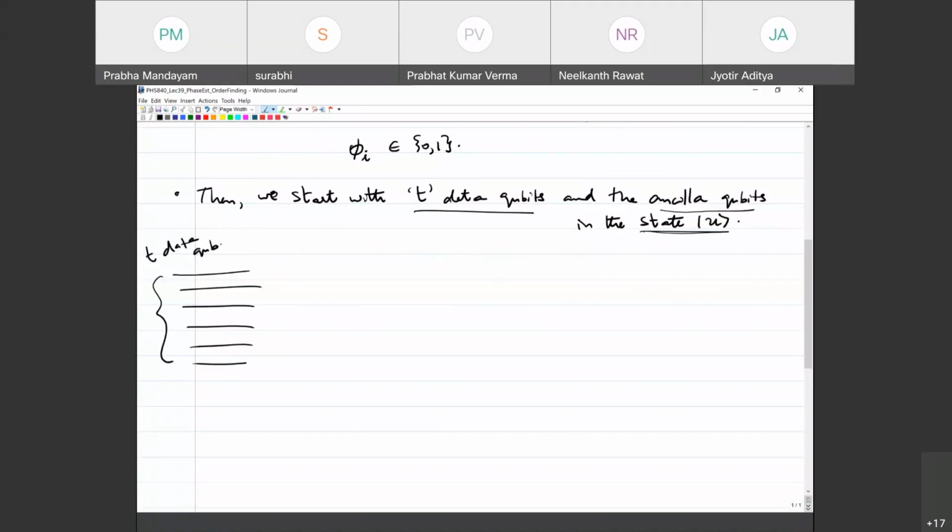And the algorithm proceeds very similarly to what we have seen so far. All these data qubits are going to be initialized to ket 0, and then we are going to do a bunch of Hadamards on them. So essentially, you're doing H tensor t, a t-qubit Hadamard.